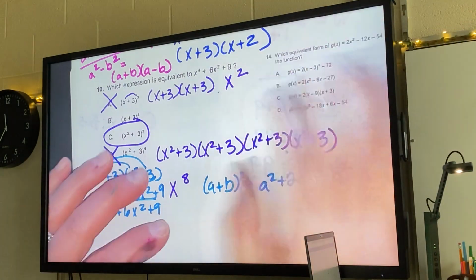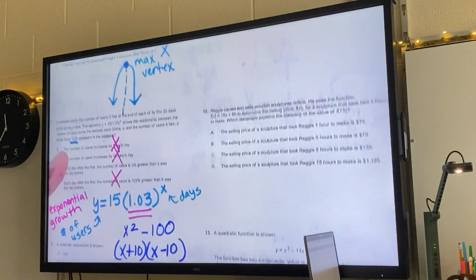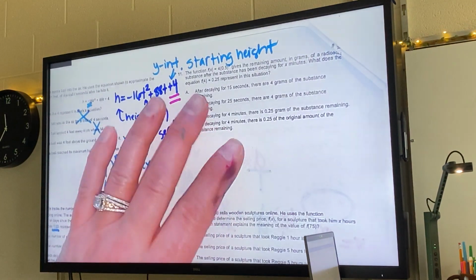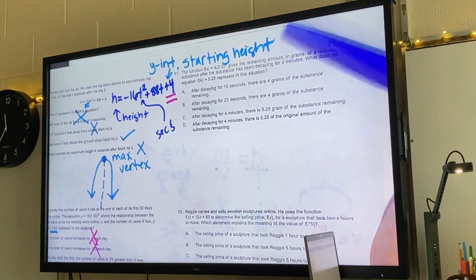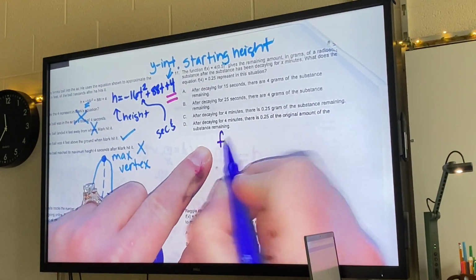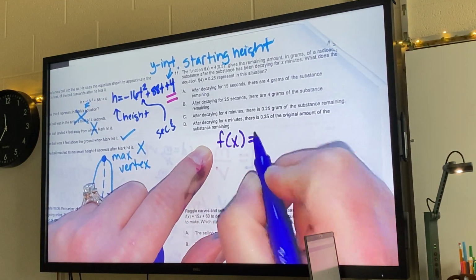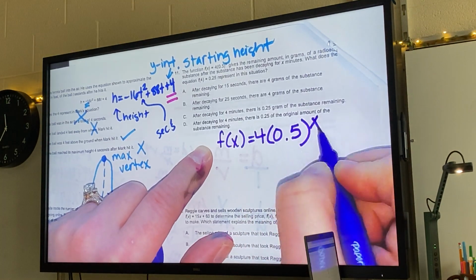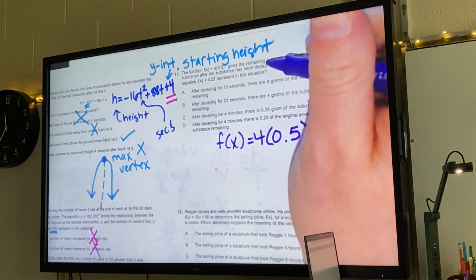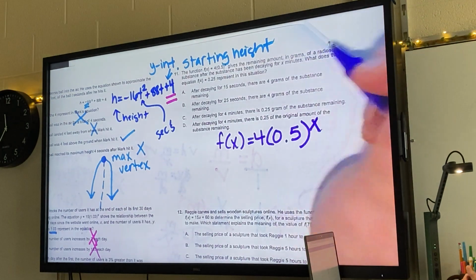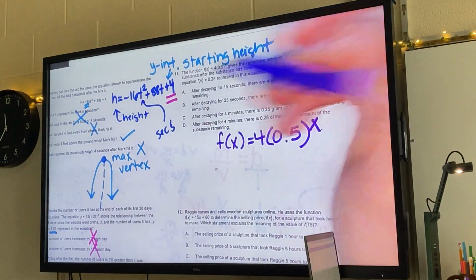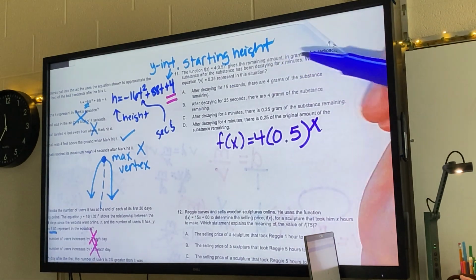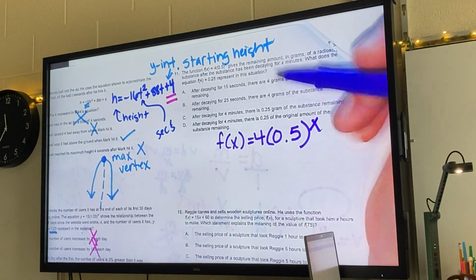Alright, so let's look at number 11, and I've written all over it. Number 11 says the function f of x equals 4 times 0.5 to the x gives the remaining amount in grams of a radioactive substance after it has been decaying for x minutes.